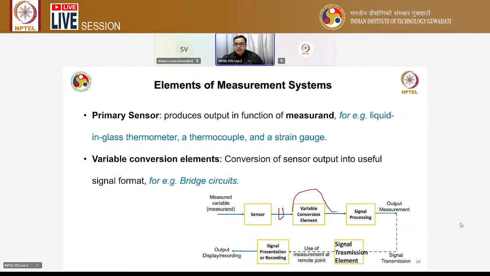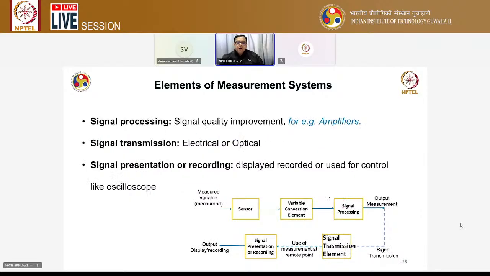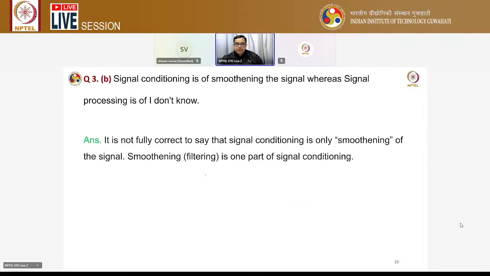And please note that this useful signal format is for the next stage, which is basically signal processing plus signal conditioning. Now you have a signal processing and conditioning stage, where you do signal quality improvement using various techniques, and then you have transmission and then presentation or recording of this data.